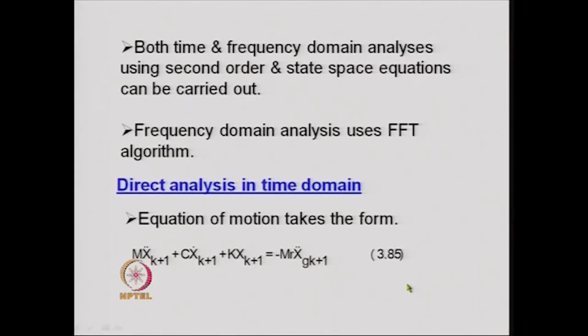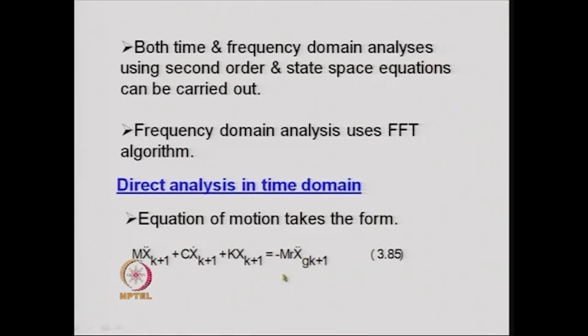Again, in the case of a multi-degree of freedom system, one can have a time domain analysis and a frequency domain analysis. So, first let us discuss the direct analysis in time domain. In the direct analysis in time domain, this is the equation that we are trying to solve.